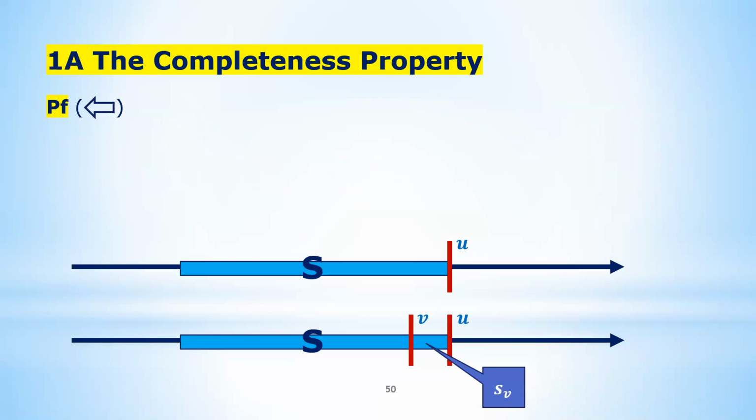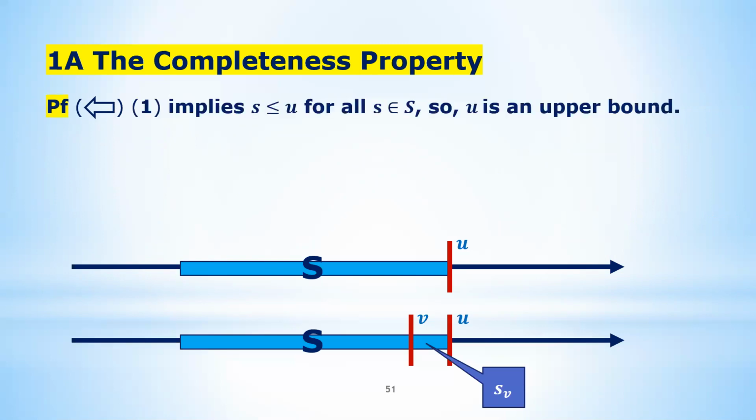We're assuming the 2 properties, 1 and 2, and from these 2 properties, we want to show that U is actually a least upper bound. So in this direction, using these 2 properties, we want to show that U is an upper bound and also the least upper bound. Then you can conclude that U is a supremum.